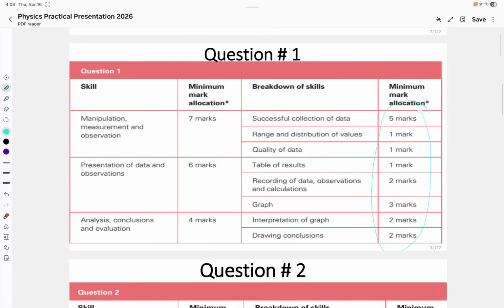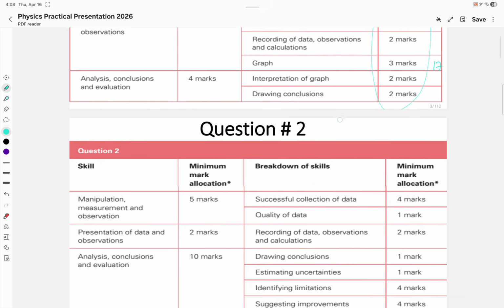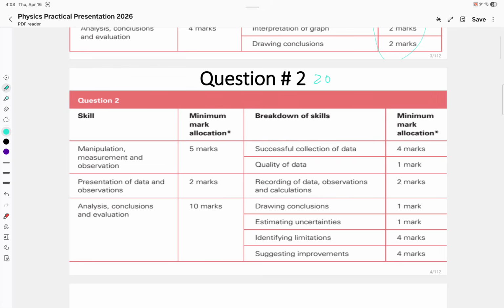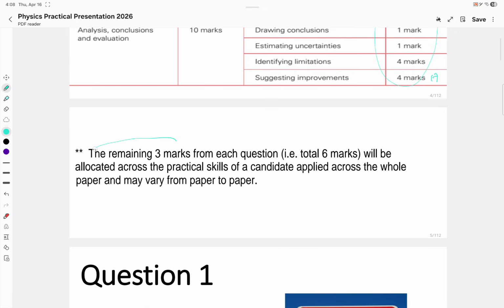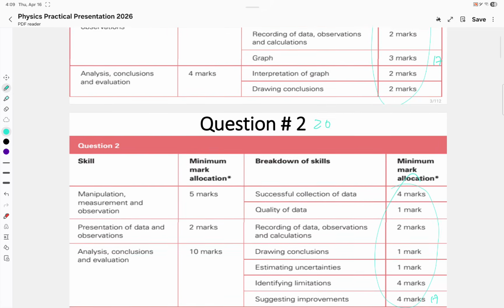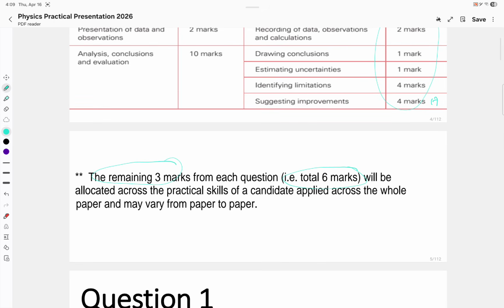How many total marks are there? 17. But the question 1 full marks are 20. Question 2 full marks are 20. But how many marks are there? 17. The 3 remaining marks from each question are missing from these breakdowns because these are allocated paper to paper by the examiner across the practical skills shown by the candidate.